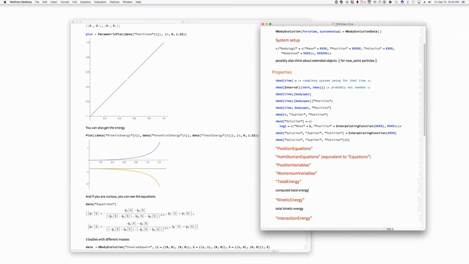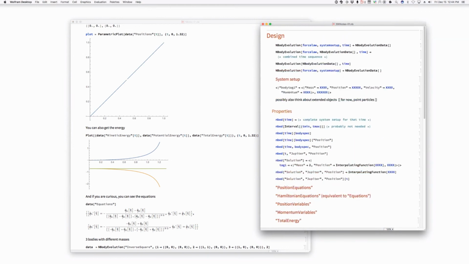Which, by the way, you might want very much initially, you might want to say n-body evolution of force law system setup, even before you start computing with times. Even in this case, you might want to say total energy, and that would compute the total energy of that configuration. Am I making sense? Yes. Okay.